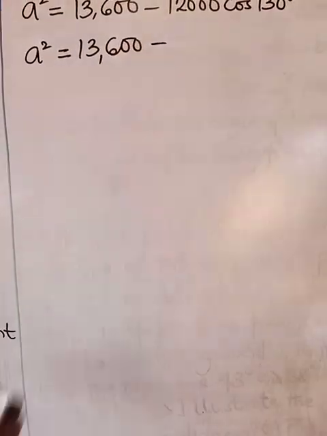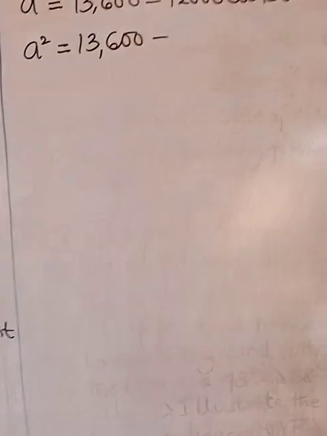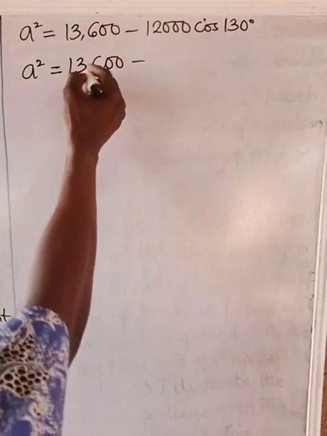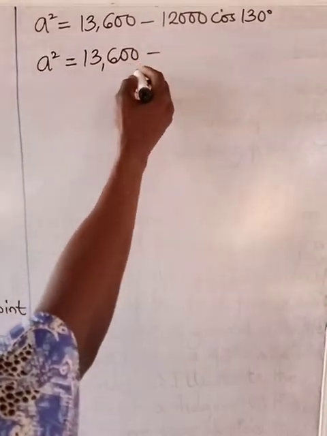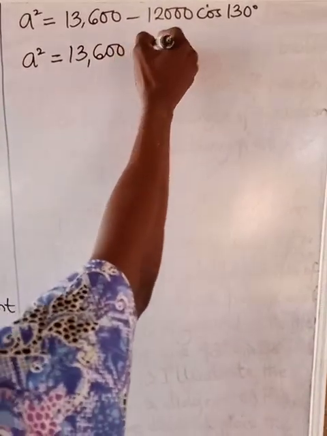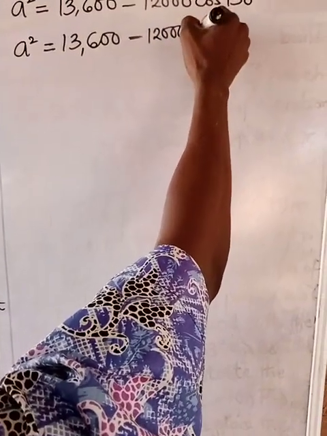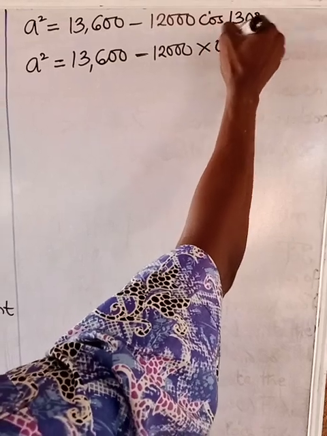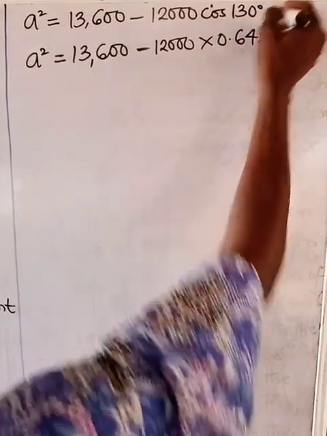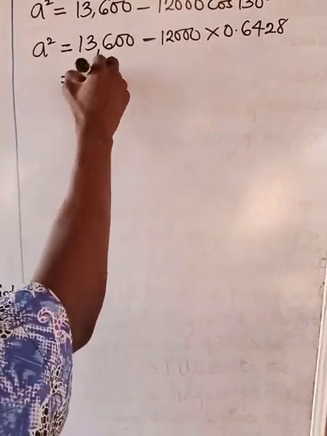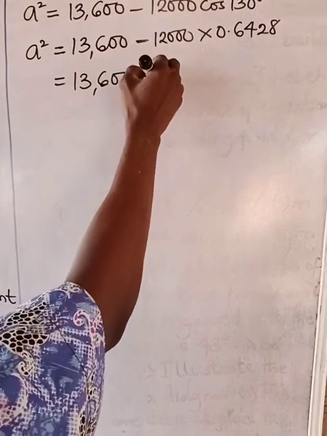A squared will be 13,600 minus 12,000 multiplied by cos 130.